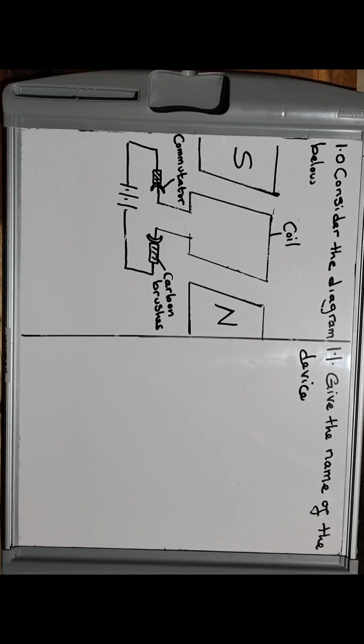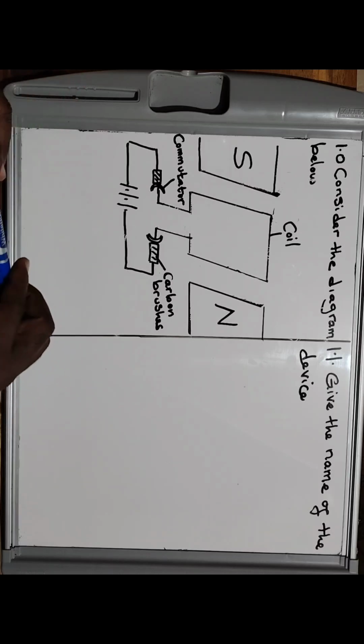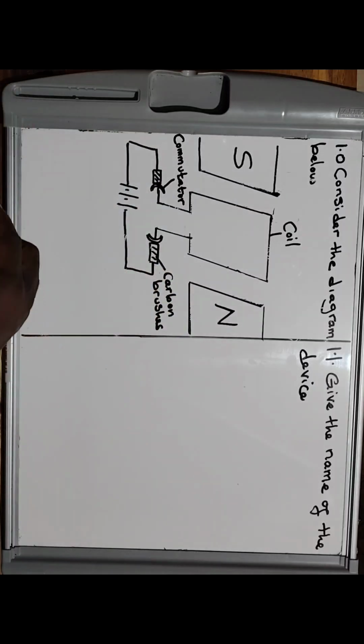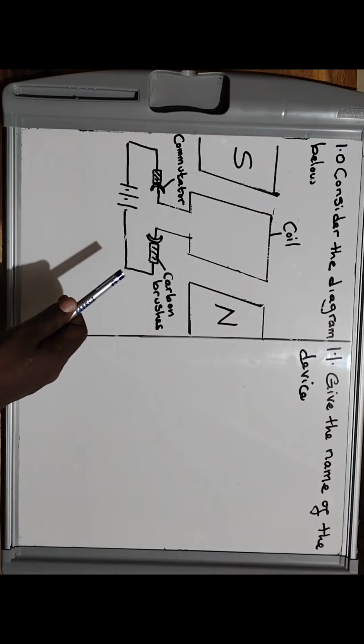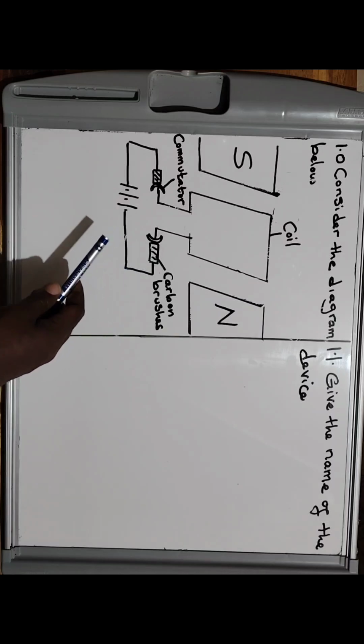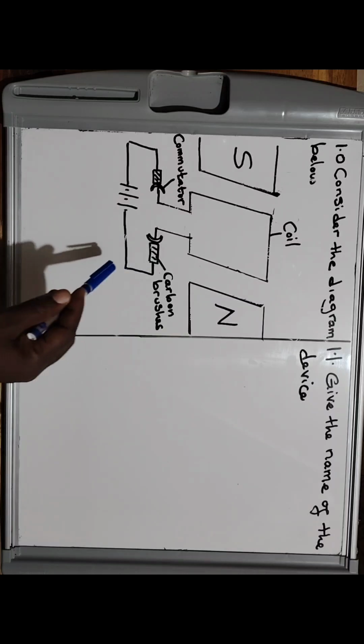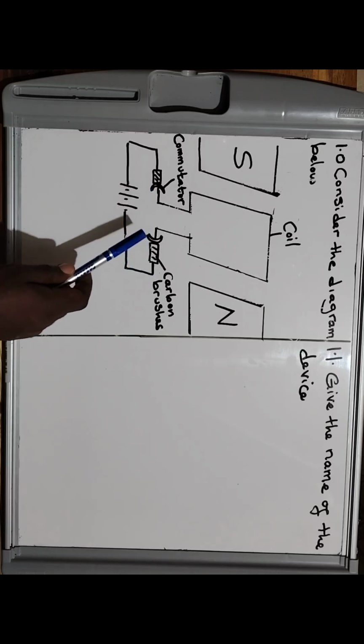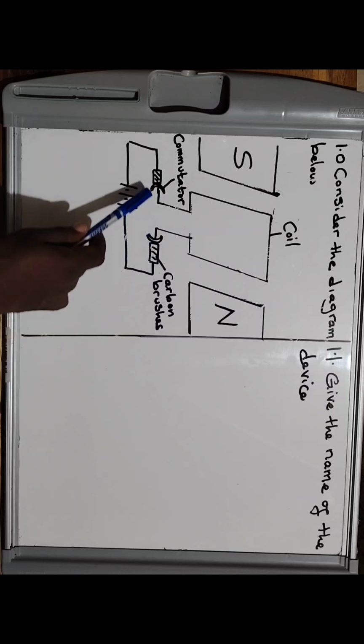And the first question says, give the name of the device. How do we start with this one? We are supposed to use these features which we are having here to assess the type of the device. When you look at this device, we are having commutators or split rings here.